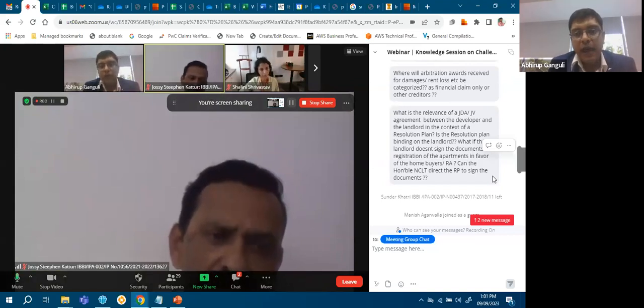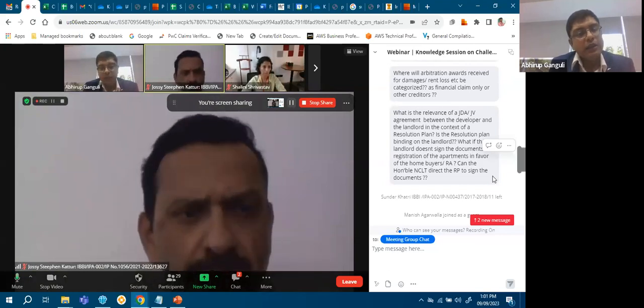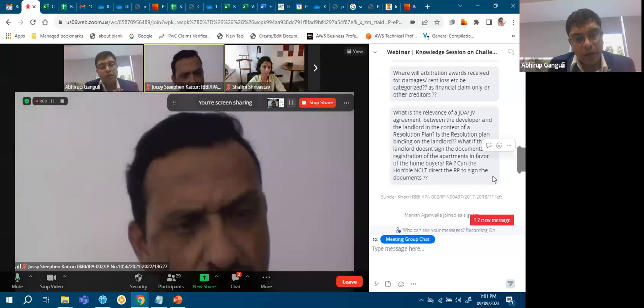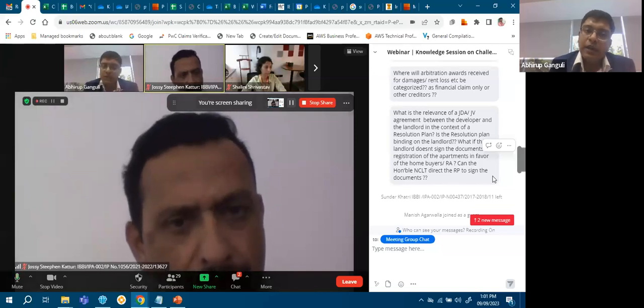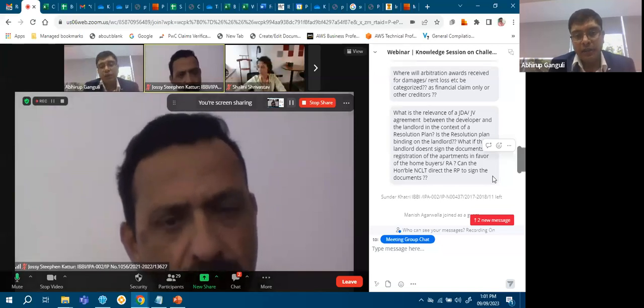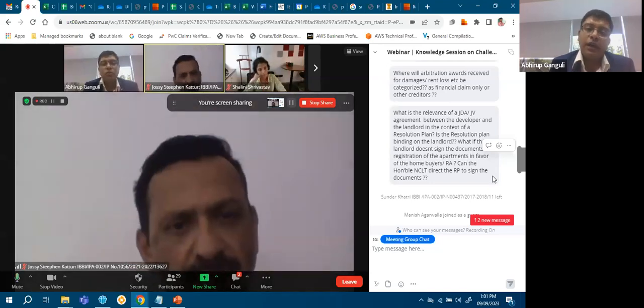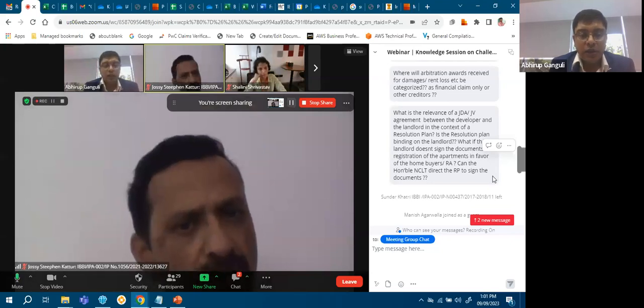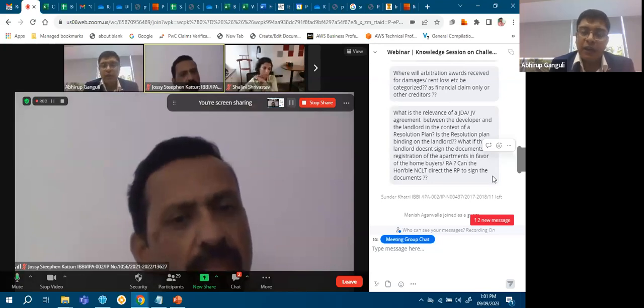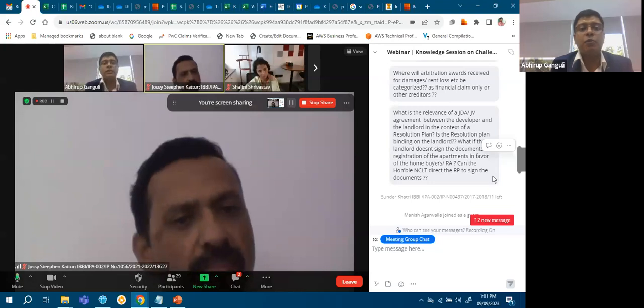If the resolution plan has been passed by the committee of creditors, which will also include the home buyers, then the landlord, whosoever it is, is bound to sign on the registry. And if he doesn't, it can be taken through NCLT, because the resolution plan is the final one and it concludes the CIRP, if it is approved by the COC members as well as by NCLT.